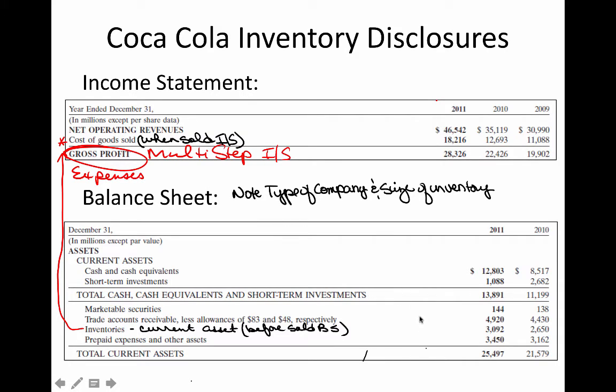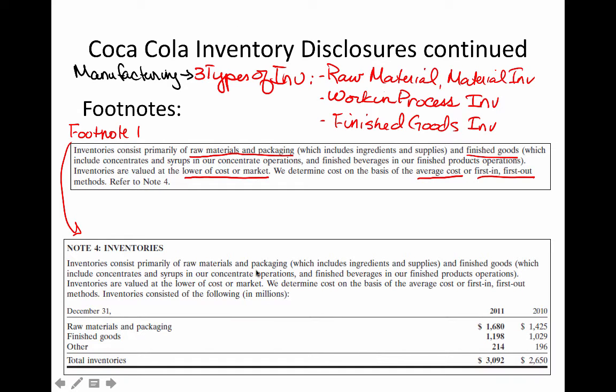Because Coca-Cola is a manufacturer, when you look at the notes to the financial statements, you notice that it has to disclose the types of inventory it has. And since they're a manufacturer, there's three kinds. There's the raw materials or the material inventory, the work in process, meaning as it's making the Coca-Cola products, and the finished goods, which is the syrup that Coca-Cola sells to its distributors.